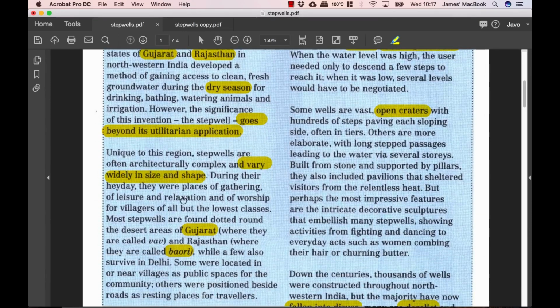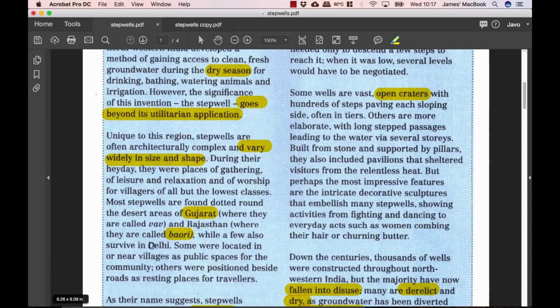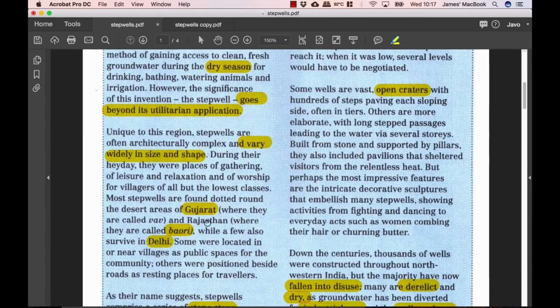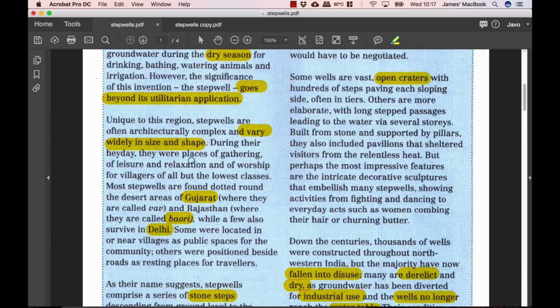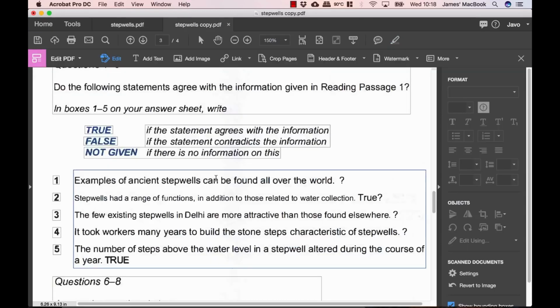So we have to find it here. There it is. So, here we go. Places of gathering, leisure, relaxation, and worship. So we were correct with this one here. So we can take away that question mark.